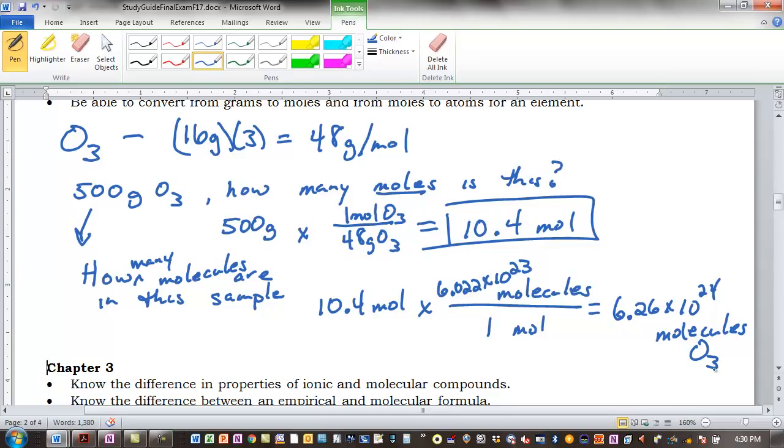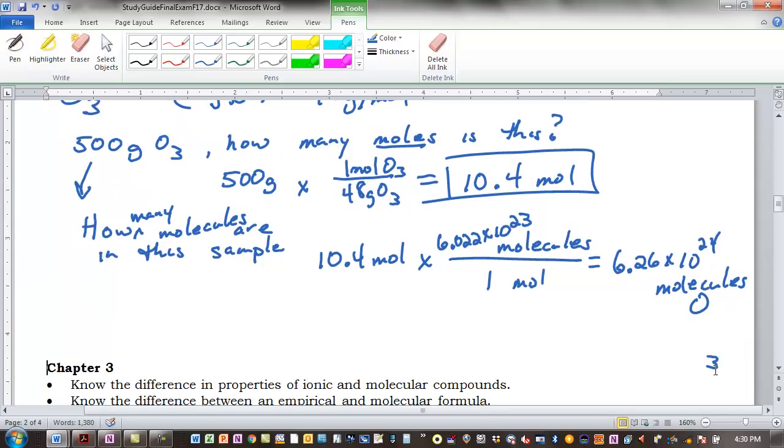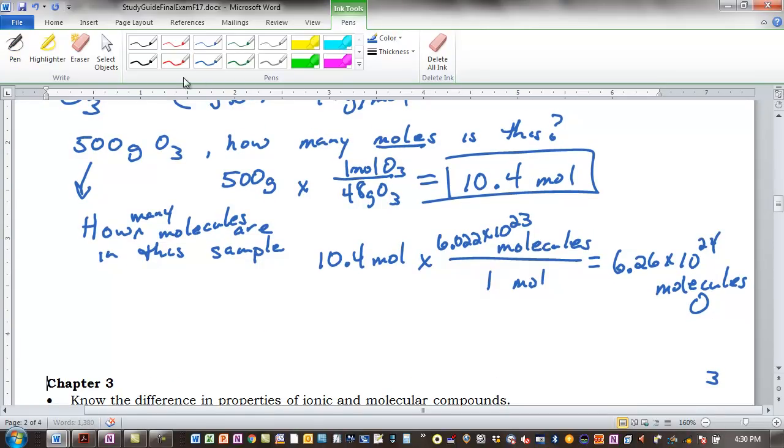Yes, Jesse? So if we wanted to go to atoms, would we just multiply that number by 3? Yeah, so if it did ask how many oxygen atoms you have in that sample, each molecule of ozone has 3 oxygen atoms. So we could continue this if we wanted the number of oxygen atoms.